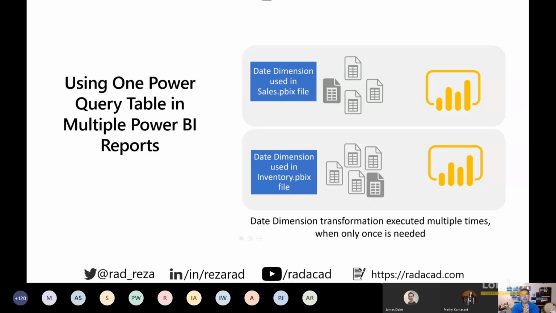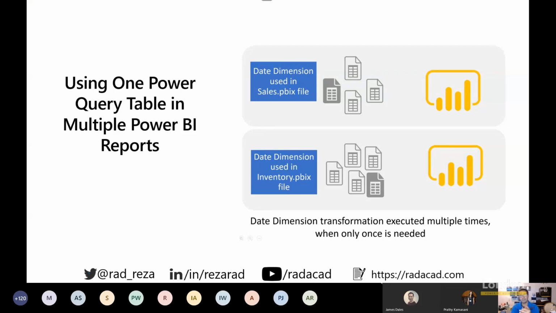Now, if I'm going to build the inventory report, it's a totally different subject area. It might have some relationship with sales, but in fact, it is totally different, right? The sales team might not even like to have the inventory team see part of that data, right?